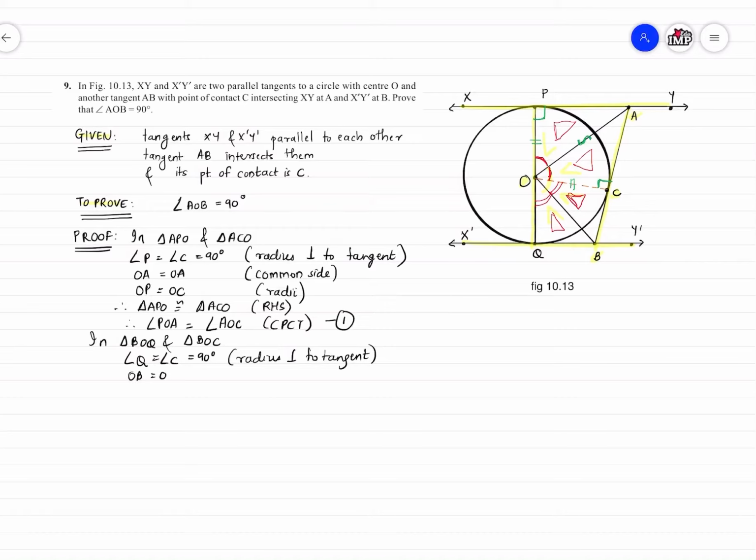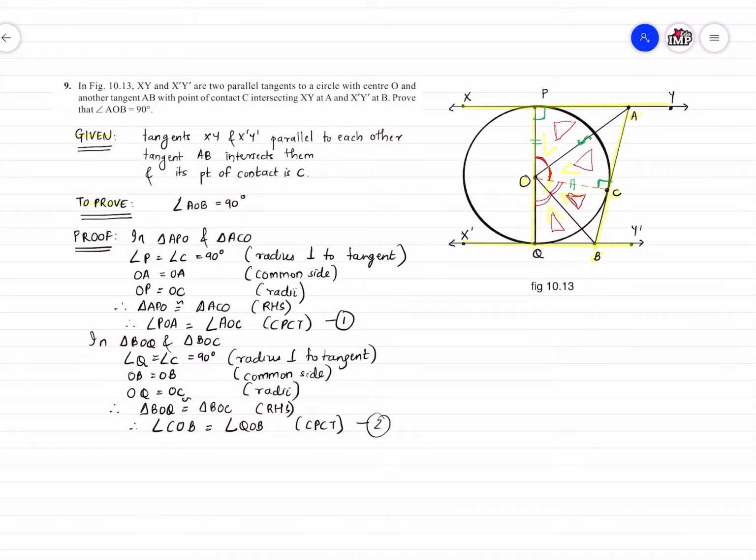OB is equal to OB, common side, OQ equal to OC, the radii. Therefore triangle BOQ is congruent to triangle BOC by RHS. Therefore, by CPCT, I can say that COB is equal to QOB by CPCT and mark it as 2.